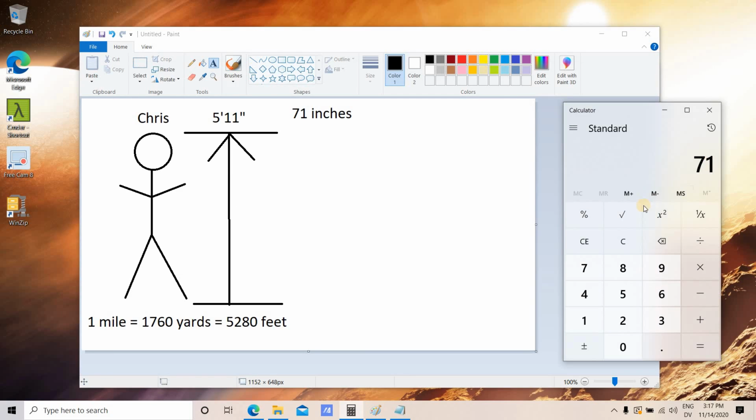Also, saying that Chris is 71 inches, we can take this 71, divide by 12, because 1 foot is 12 inches, and then we get 5 over here.